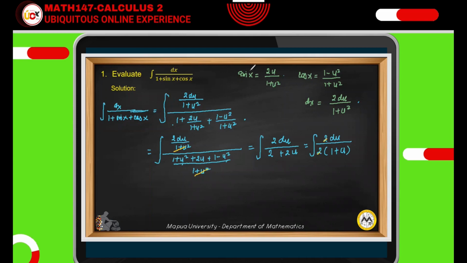We can cancel 2, so that the integral is reduced to the integral of du over 1 plus u. Sorry, I earlier wrote 1 plus u squared, but it should be 1 plus u. Let me erase that.